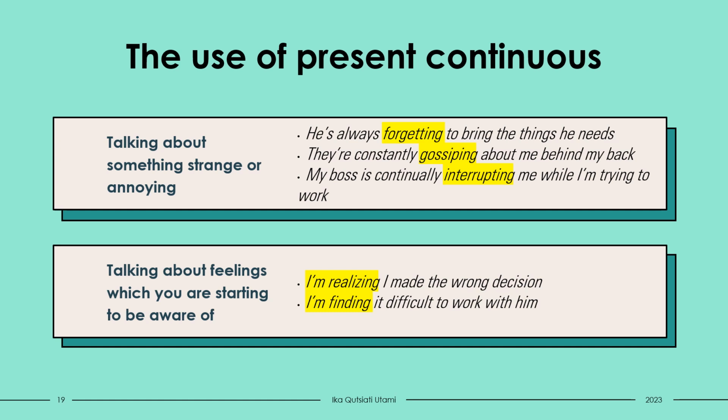You generally find him difficult and you dislike working with him. If you say, I'm finding it difficult to work with him, this means that you are just starting to realize how difficult he is and how you dislike working with him. These feelings are new to you, I guess.